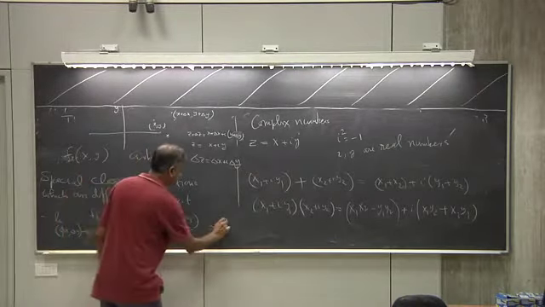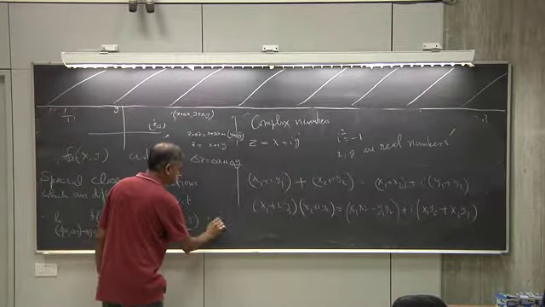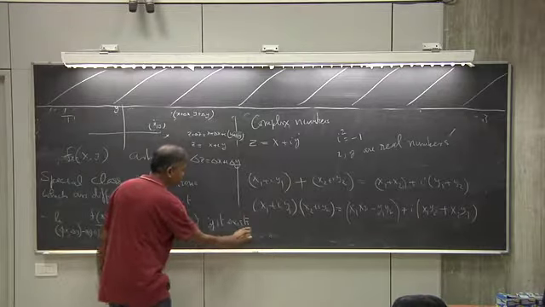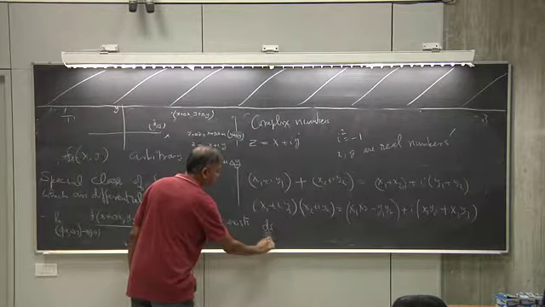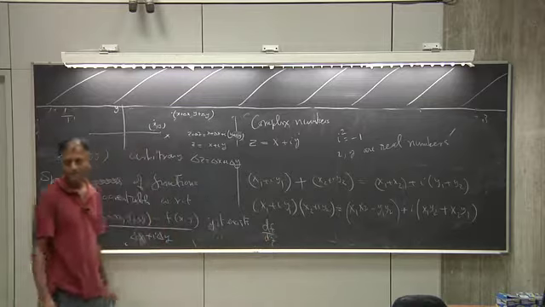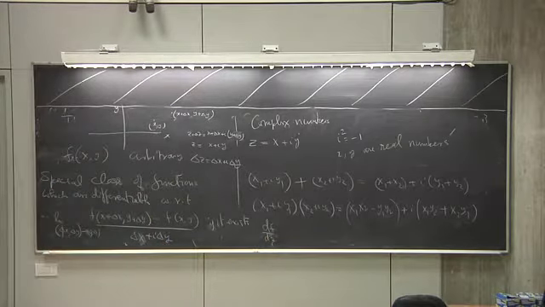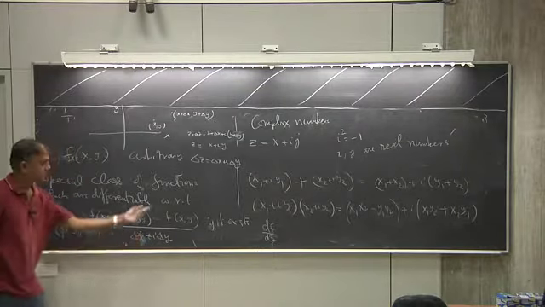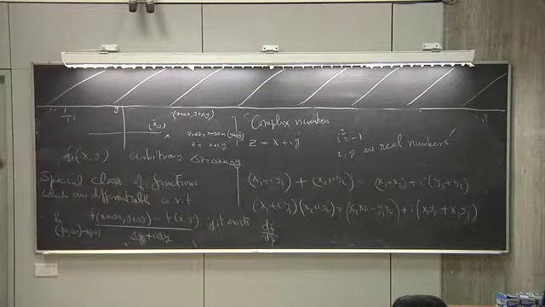And if this exists, you usually denote it simply by df by dz. This is just a symbol, because you see, we are dividing by delta z, right? Now, this is extremely restrictive.